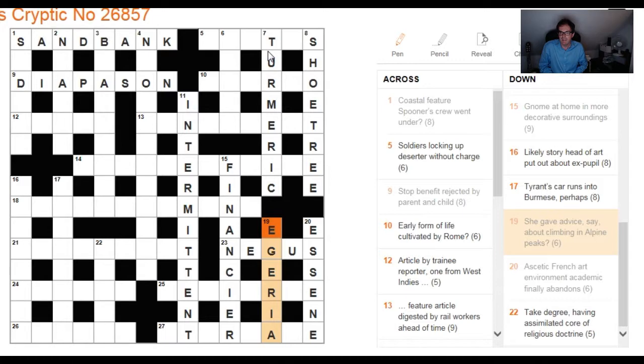And then we have in alpine peaks, which is, I think, referring to the first letters of in and alpine. Now, it is a matter for discussion whether a word has a peak.